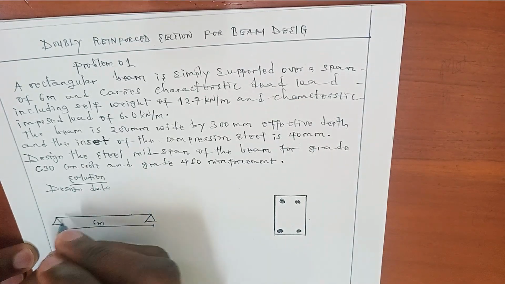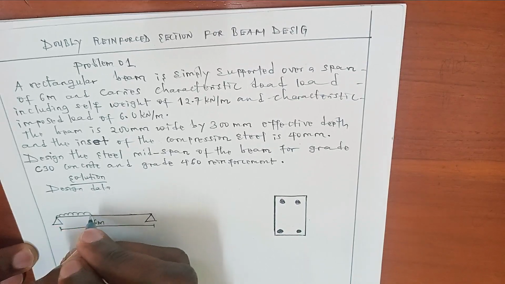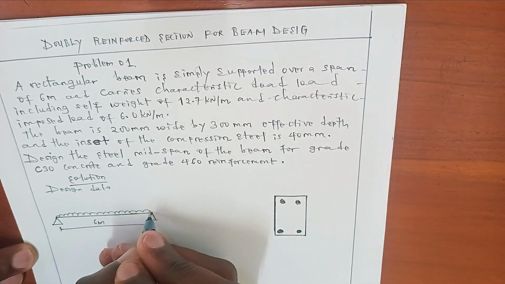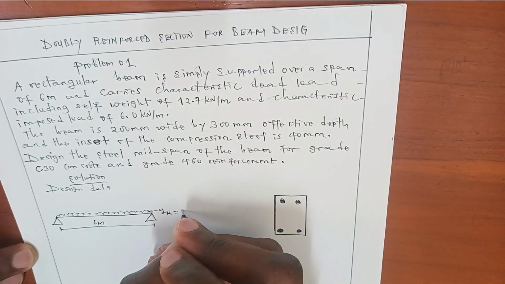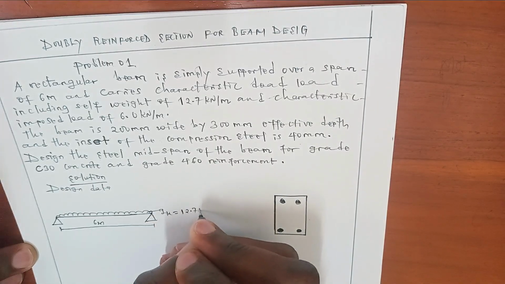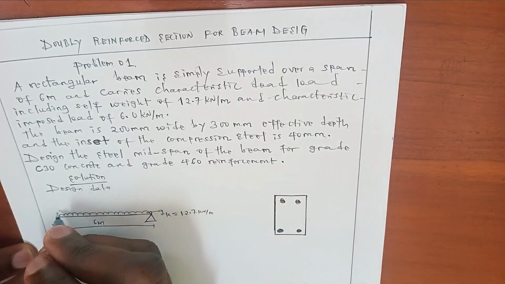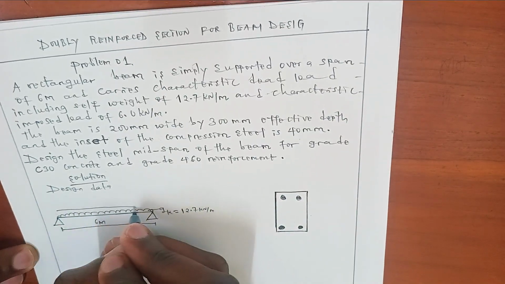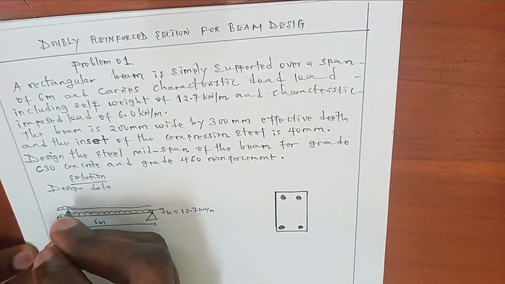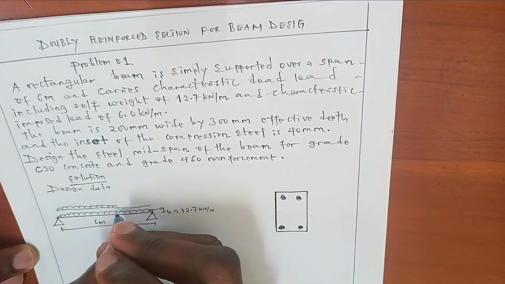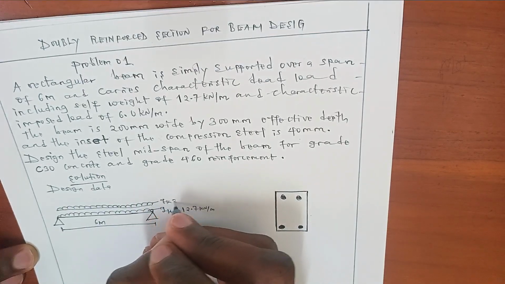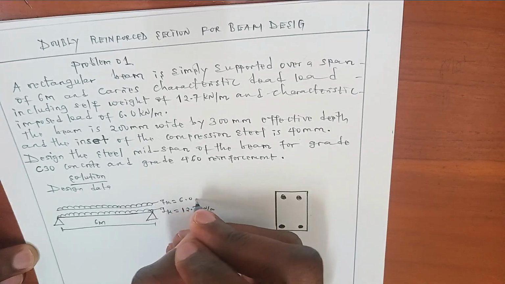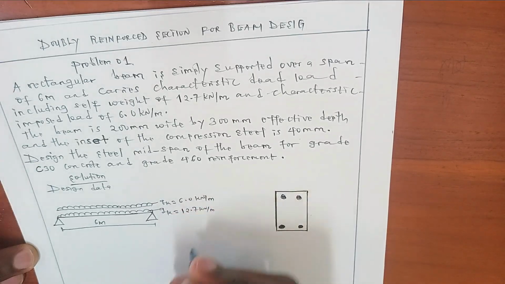It carries a dead load including self-weight of 12.7 kN per meter, and an imposed load of 6.0 kN per meter.